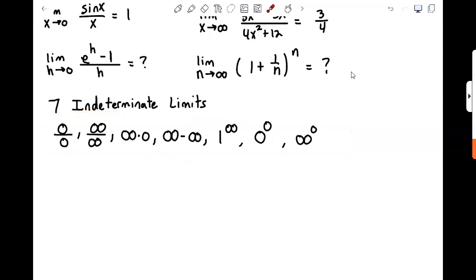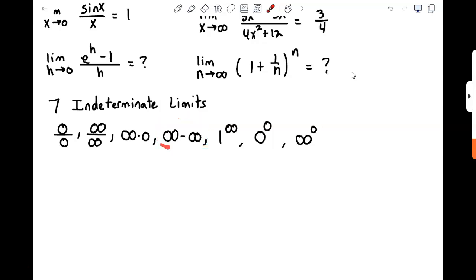Our first focus is on the first two, which L'Hopital's rule applies directly to. The other ones require some techniques to transform them into one of the other two. Infinity minus infinity can sometimes be the hardest ones to do.